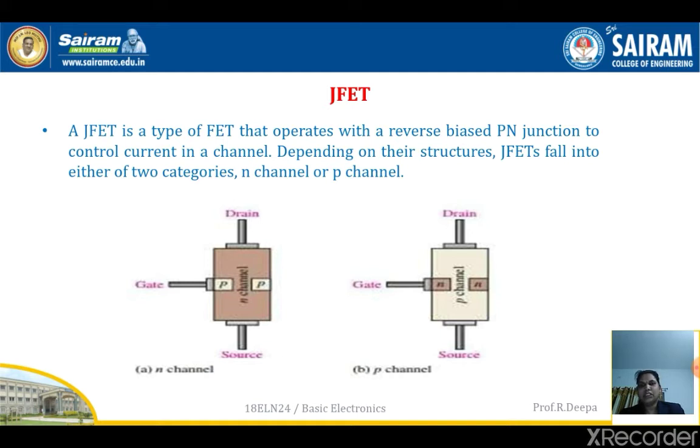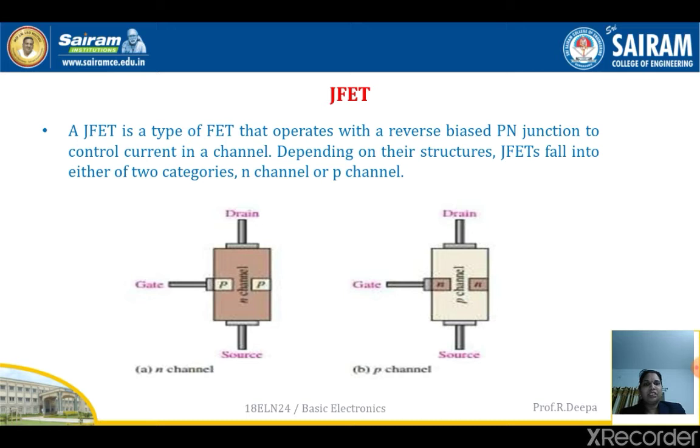The three terminals of the FET are drain, gate and source. For the gate, both the P-type materials are combined to get the gate terminal, whereas the top terminal is the drain and the bottom one is the source. For the P channel, we have a P-type semiconductor where two N-type semiconductors are diffused inside the P-type material and connected together to form the gate terminal.